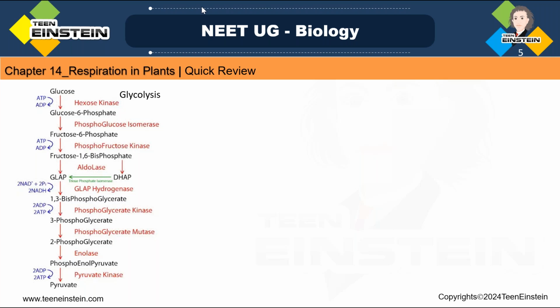This occurs in the inner mitochondrial membrane, because it contains several H plus proton and E minus electron acceptors. So the electron transport chain contains several proton and electron acceptors.